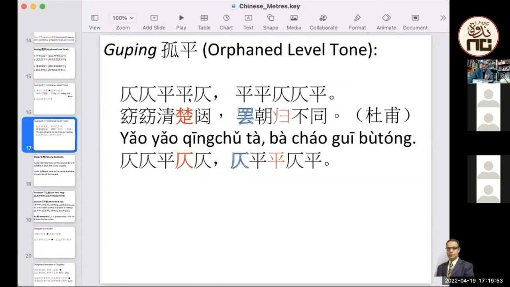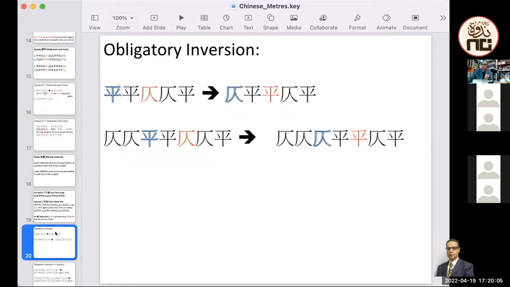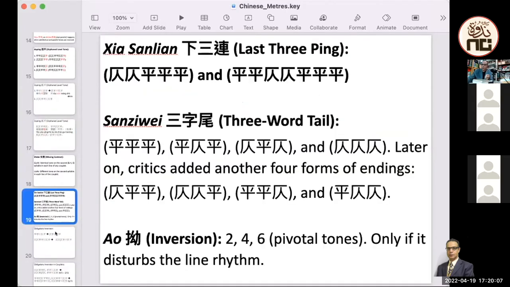Tufo changed the fourth tone, which is a pivotal tone. So to make it up, he changed the first and the third in the second line.